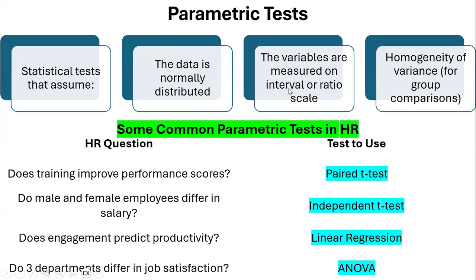And again, but not the least, is that the variance within the group should be homogeneous. And that is what we call homogeneity of variance.